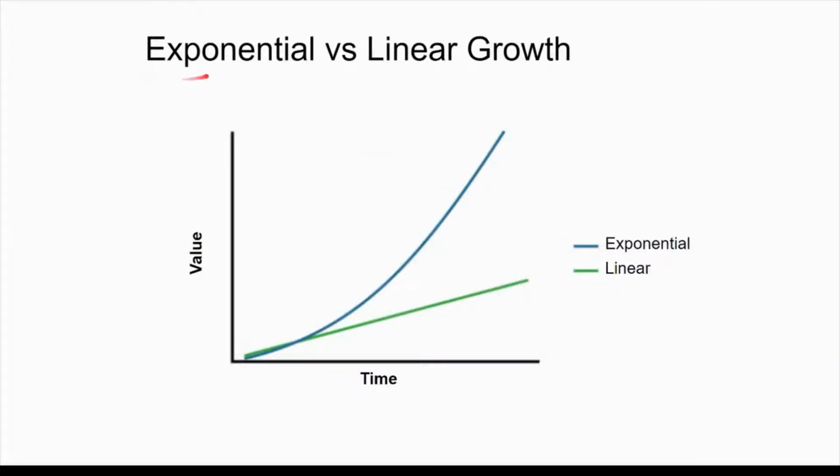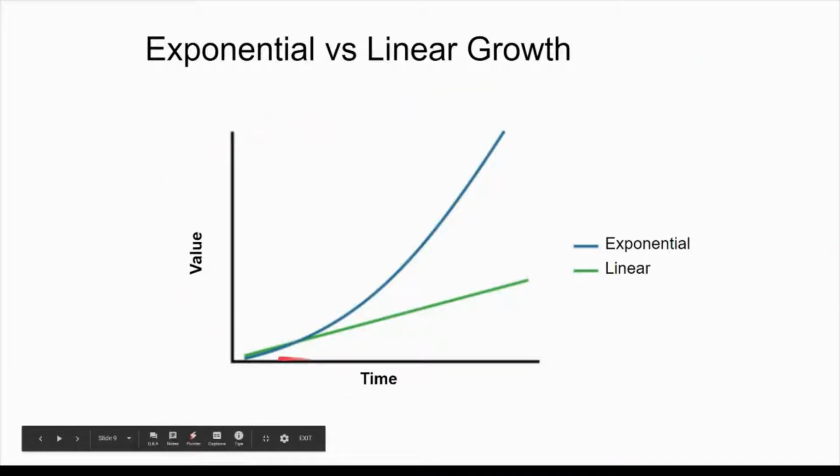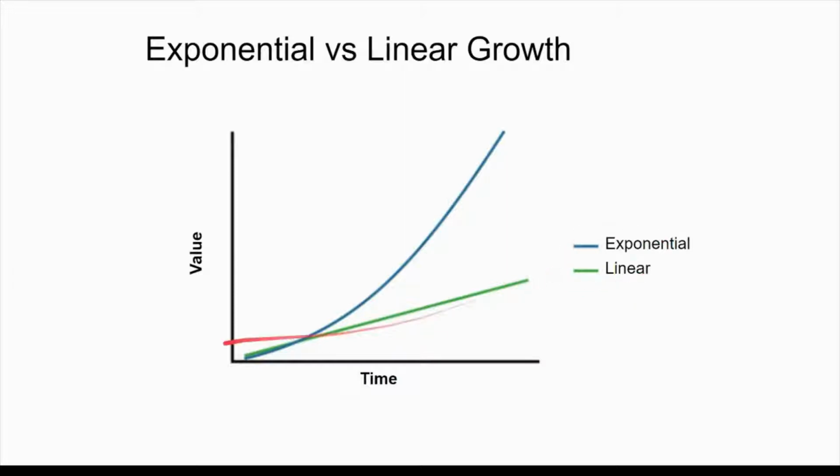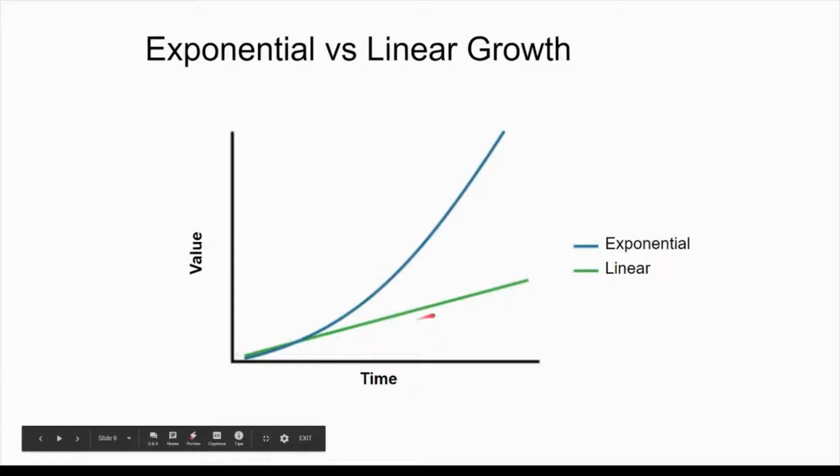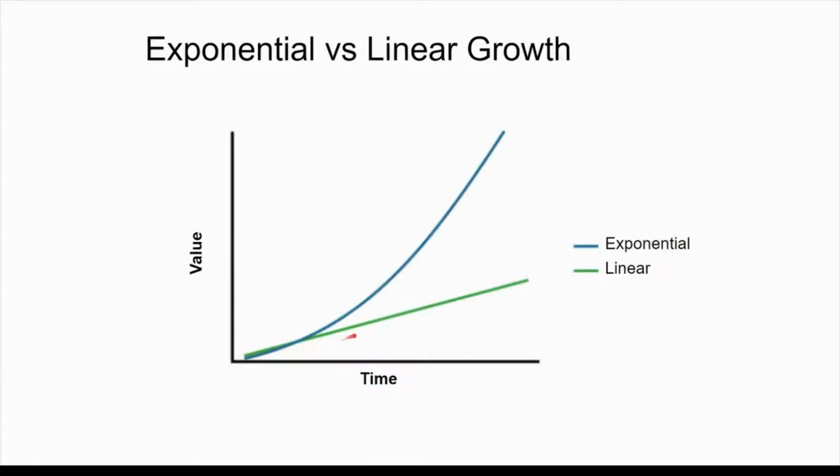And right here, I have a graph comparing linear growth, the green line, and exponential growth, which is the blue line, rather. And you can see that as time passes, if you choose the linear path, you start to lose money, because the linear path represents the money you make when you just take out your profits and reinvest only the principal.